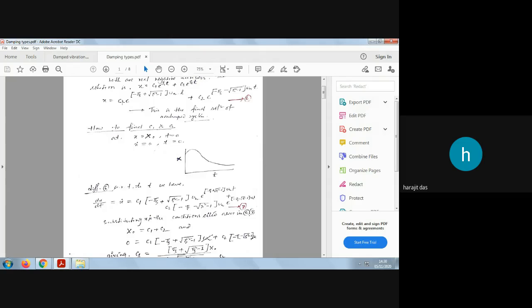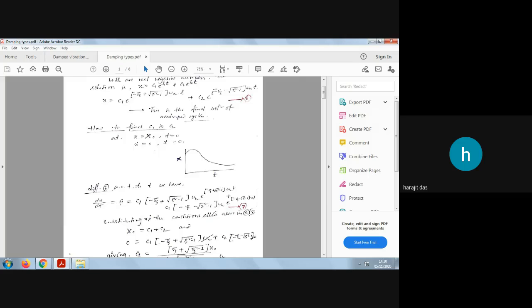So dx by dt will be: c1 remains the same, and e to the power st differentiates to s e to the power st. So this comes out as minus zeta plus square root of zeta square minus 1, omega n also comes out, then e to the power the same bracket term omega n t, plus c2. c2 is a constant, so c2 comes out, then the whole bracketed term multiplied by omega n comes out, then again e to the power s2t. Understood? That gives you the first differentiation, because this is x dot.